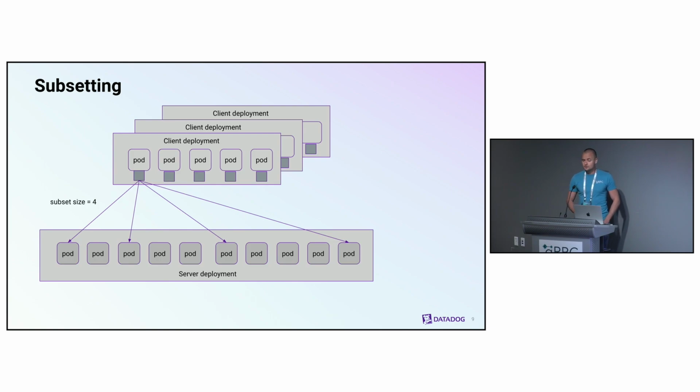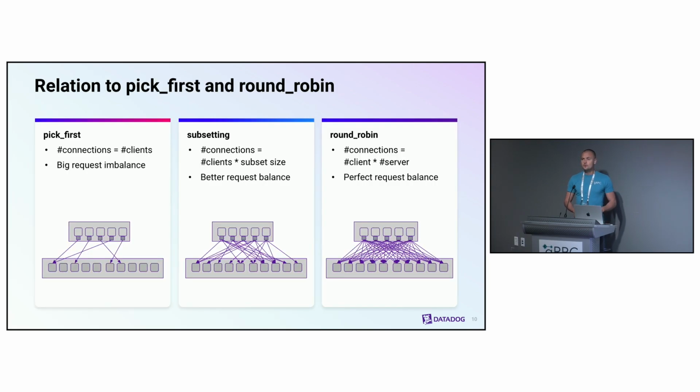So now let's introduce subsetting. Subsetting is an alternative load balancing strategy, and basically what it does, it picks a subset from all available servers and then distributes requests across them. One useful way I like to think about subsetting is that it's something that sits between two extremes, pick first and round robin.